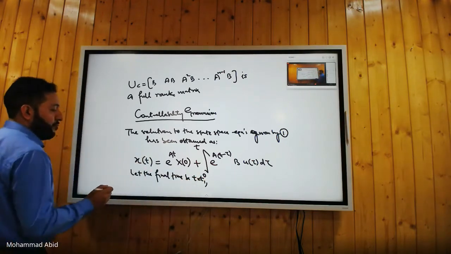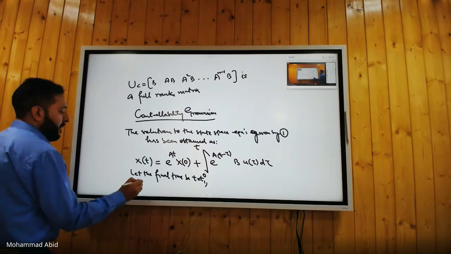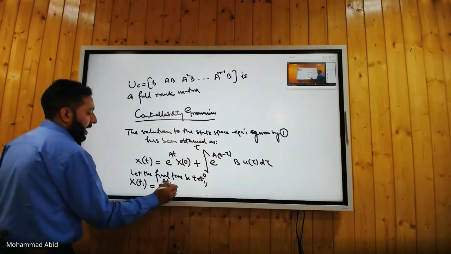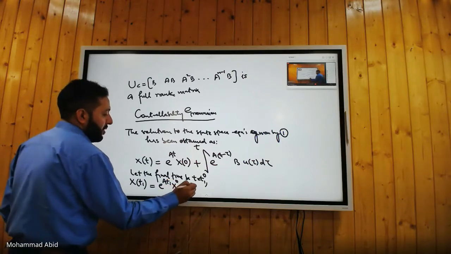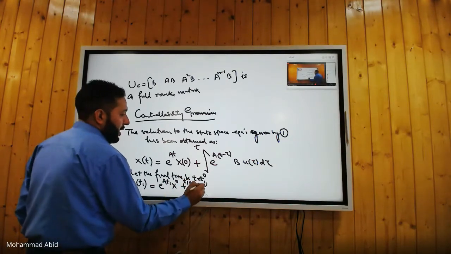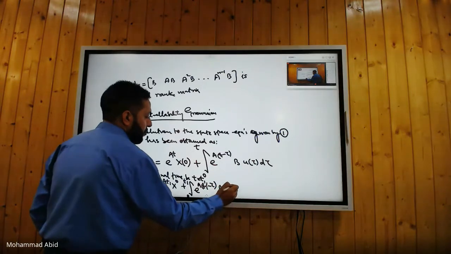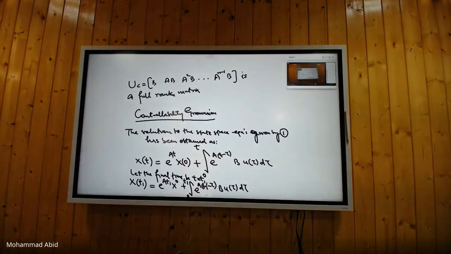Substituting here, x of t1 is equal to e to the power A t1 x0 plus the integral from 0 to t1 of e to the power A(t1 minus tau) B u(tau) d tau. t1 is the final time until which I simulate the system, observe its response, and apply input to the system.